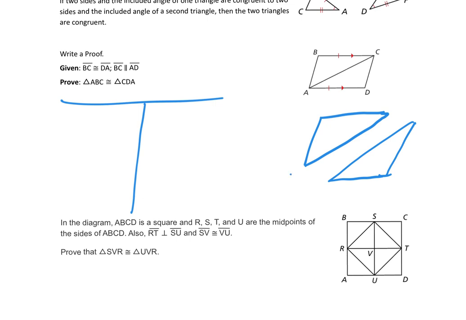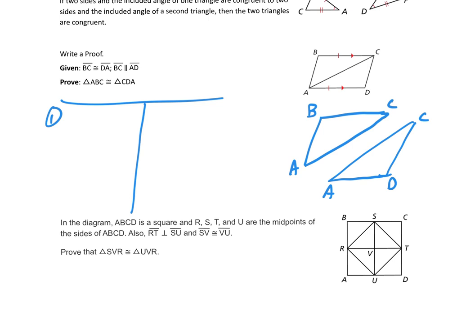This triangle here is ABC. This triangle down here is ADC. And we know that our first step on our proof is always our given, right? And sometimes they tell us what that given information is.